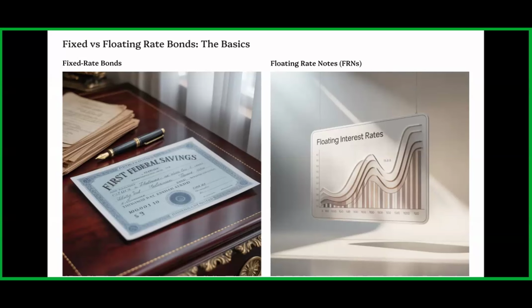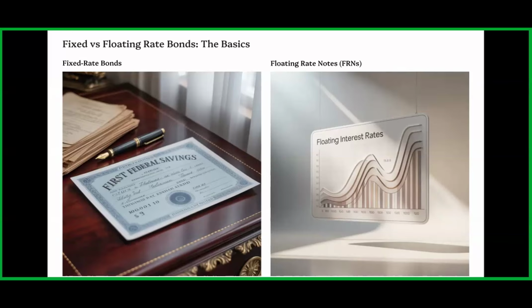Likewise, there are other types of bonds that we are going to understand in these sessions. On the basis of the coupon rate or the interest rate, we can divide bonds into two types: fixed rate bonds and floating rate notes.